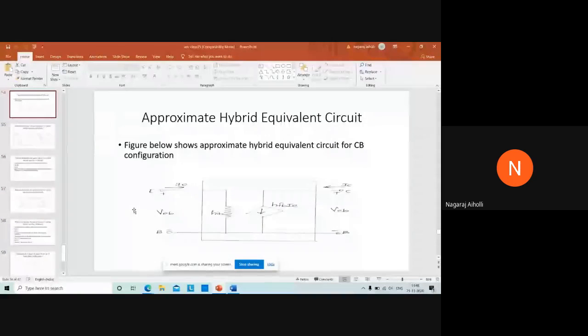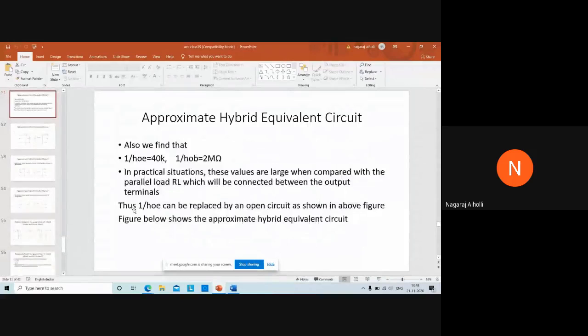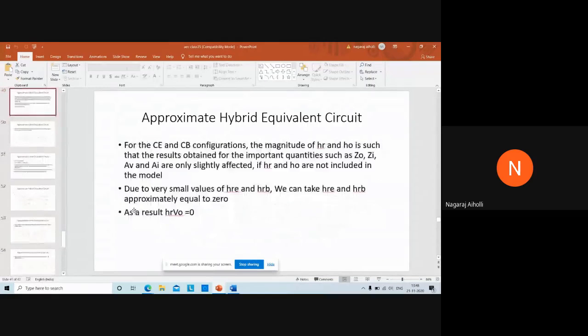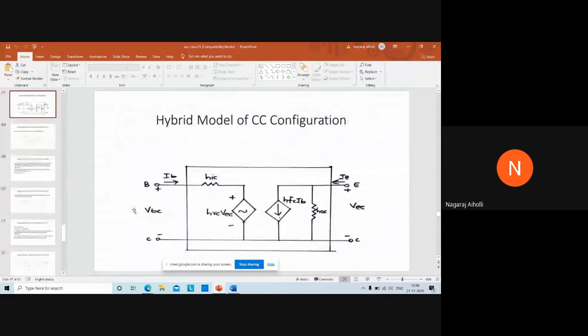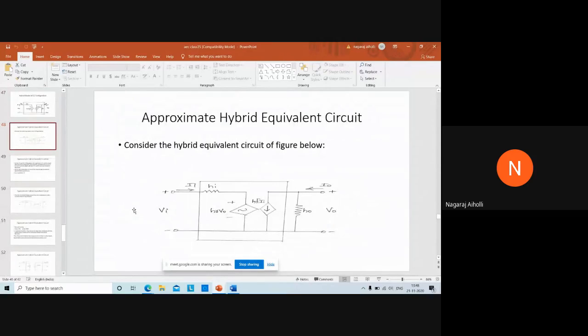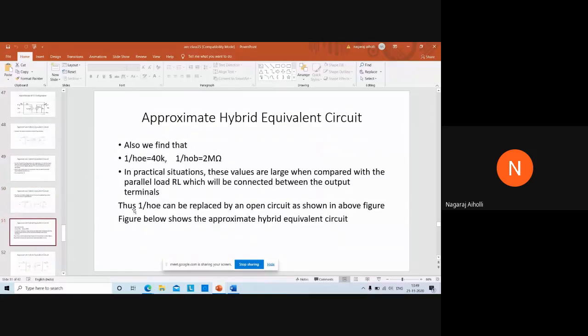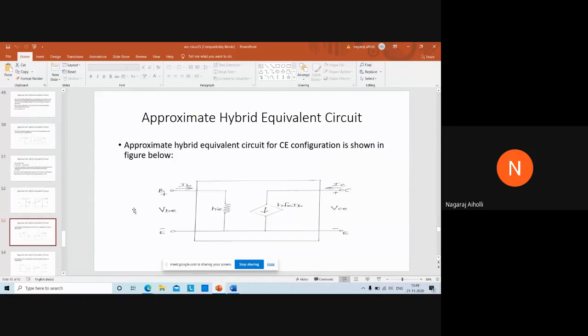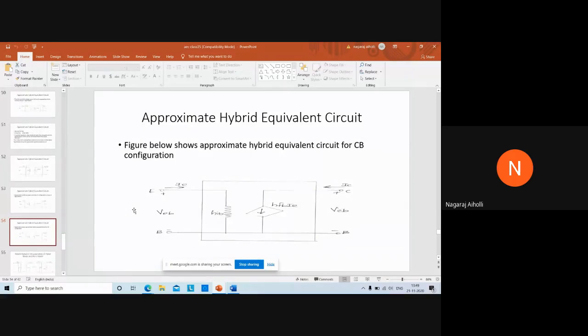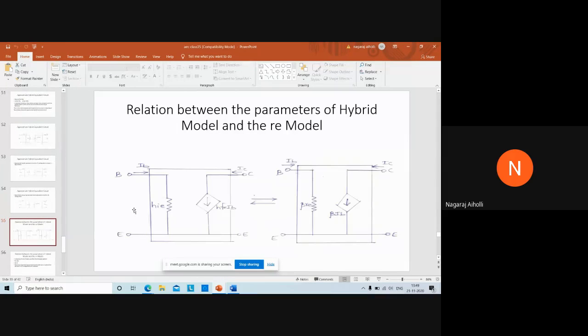So we'll just recap whatever we studied in today's class. We started with the approximate hybrid equivalent circuit. For the common emitter configuration, this is a generalized circuit. We defined it for the common emitter configuration and for the common base configuration. Then later we saw the relation between parameters of the hybrid model and the RE model.